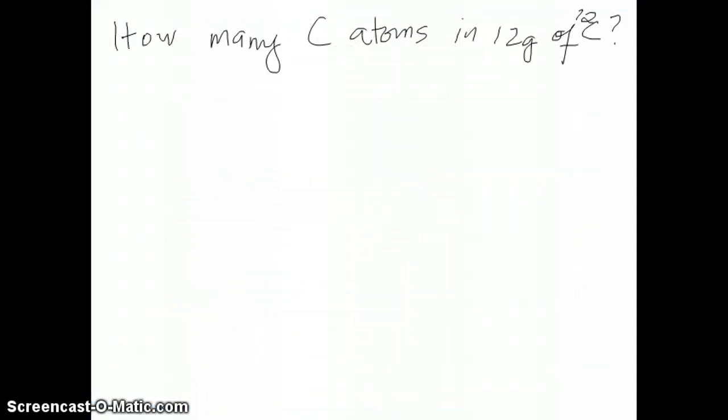Going back to our question, we're asking how many carbon atoms are there in 12 grams of a pure carbon-12 isotope. As you remember, each carbon-12 isotope has a mass of 12 AMU.